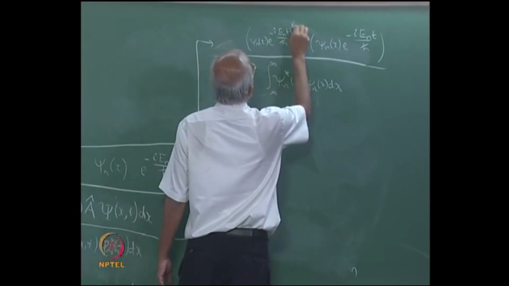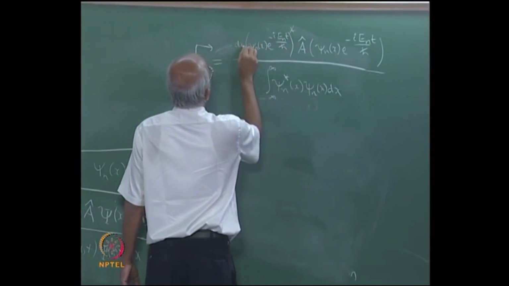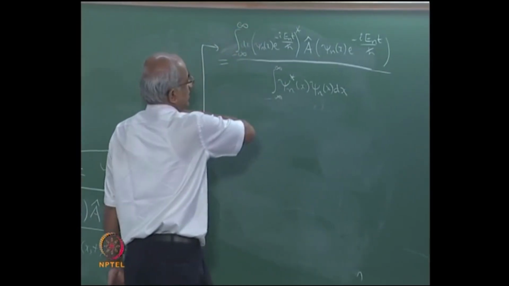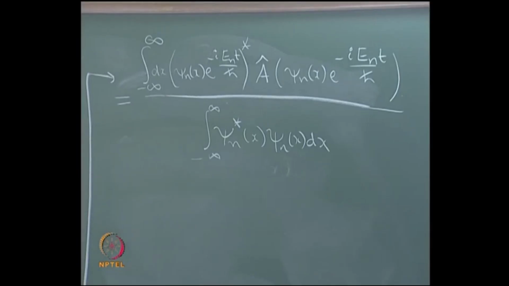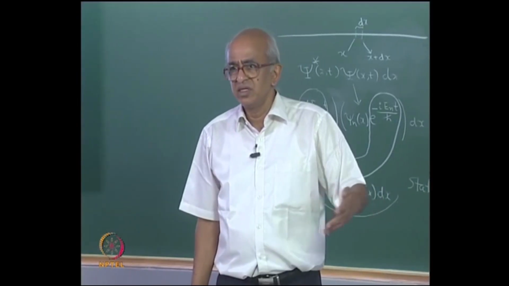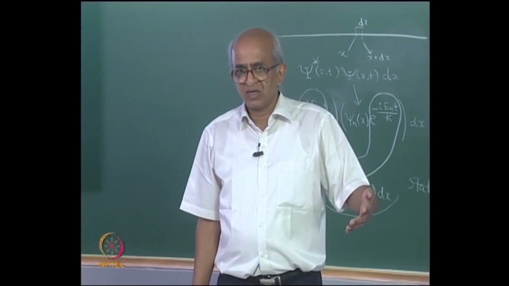There is a star here, and then I will have dx, and I would have to integrate from minus infinity to plus infinity. So, this is what happens. And now imagine an operator like the Hamiltonian operator or the momentum operator. These are things that normally do not depend upon time, right.